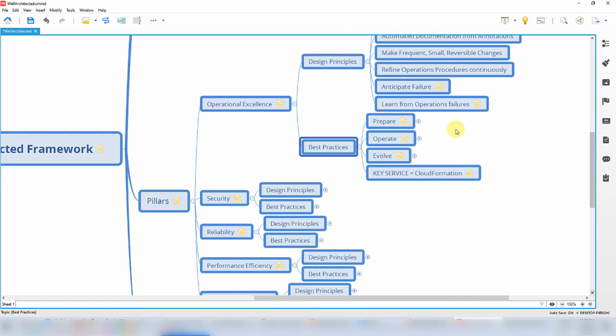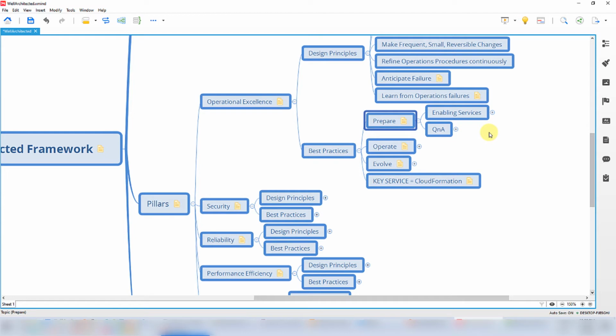The best practices section has a few categories of actions to take, basically a set of things to do organized by major categories, and also a key service that plays a central role to achieve the requirements of this particular pillar. And each of the best practices is structured in 2 parts.